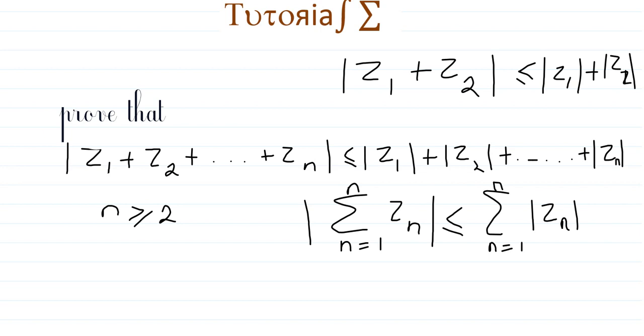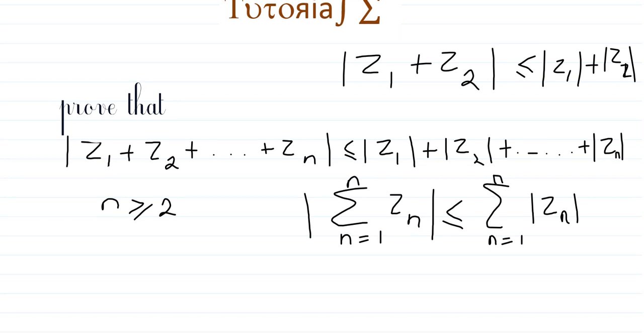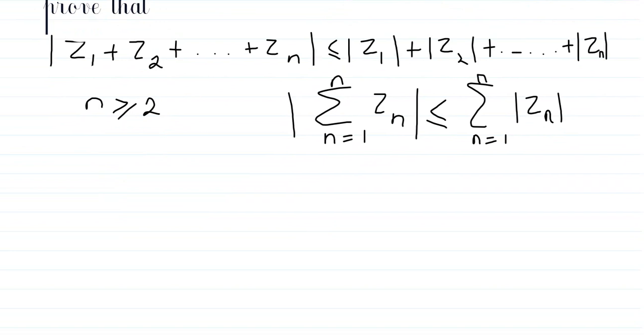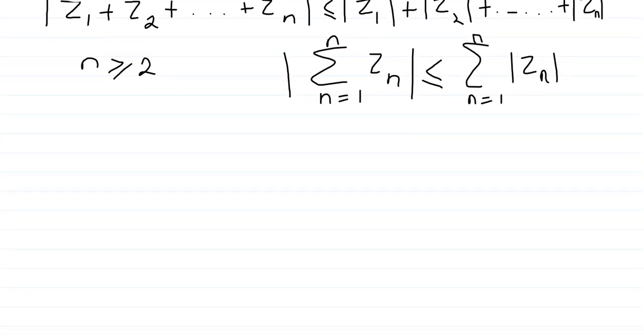So now we are proving by mathematical induction. We know that it has 3 steps. According to the condition we've been given, n is greater than or equal to 2, so we are starting from n equals 2. Step 1: we need to show that the statement is true when n is equal to 2.